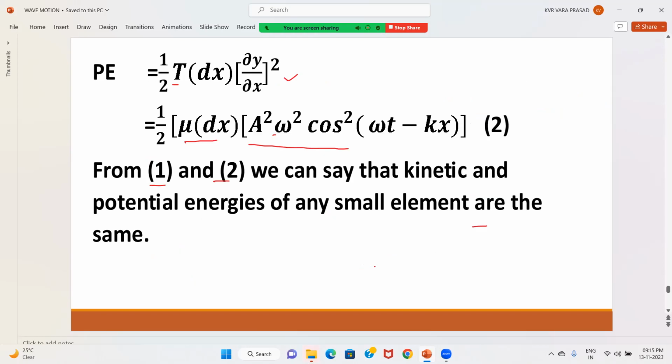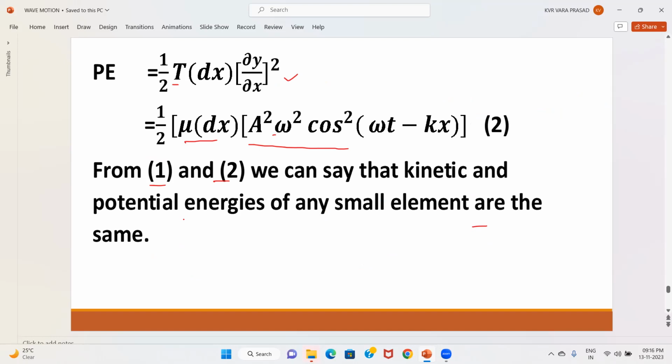That means the kinetic and potential energies of any small element are the same. So this is a very important conclusion. Potential energy and kinetic energy of any small element are the same.